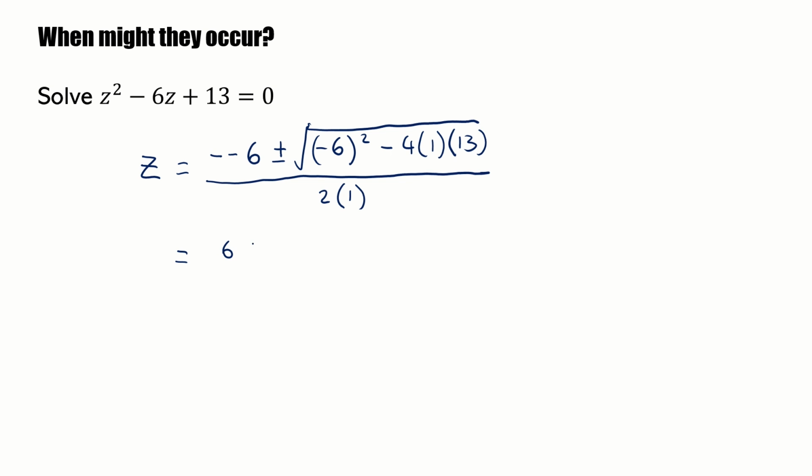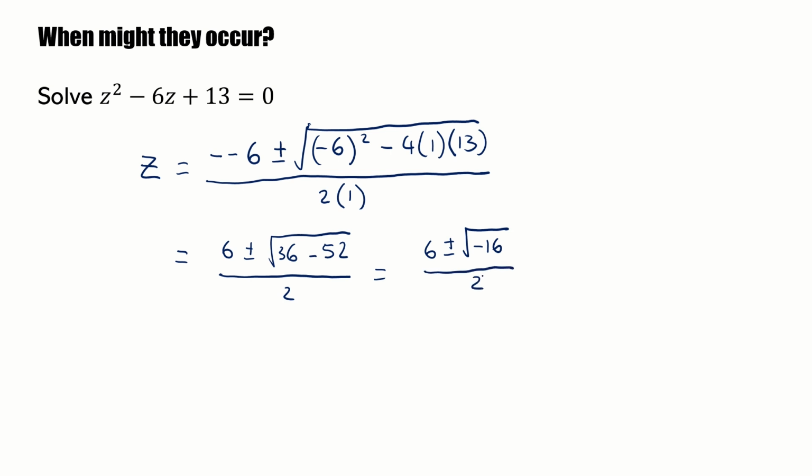We can then go ahead and start trying to calculate what this would be. We're of course going to get a 6, we're going to get a 36 inside the square root, and minus 52 from there, which is interesting because it means, surprise, surprise, we've got a negative number inside the square root. We've got minus 16 inside there. That's interesting because it means we can now use index laws to split up this surd.